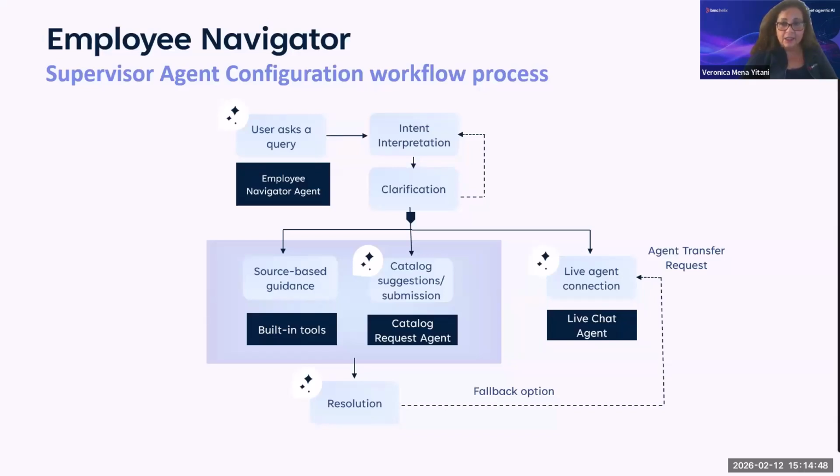The source-based guidance provided by our built-in tool. This path leverages the ingested source of knowledge base to provide immediate and verified answers. The catalog suggestions and submissions. If the user needs to request a specific service or item, the catalog request agent takes over to lead the interaction.